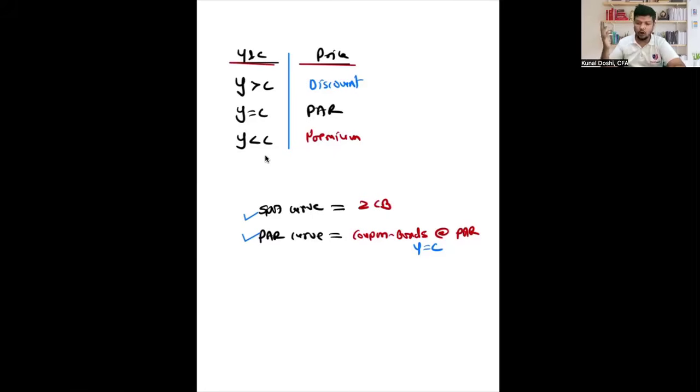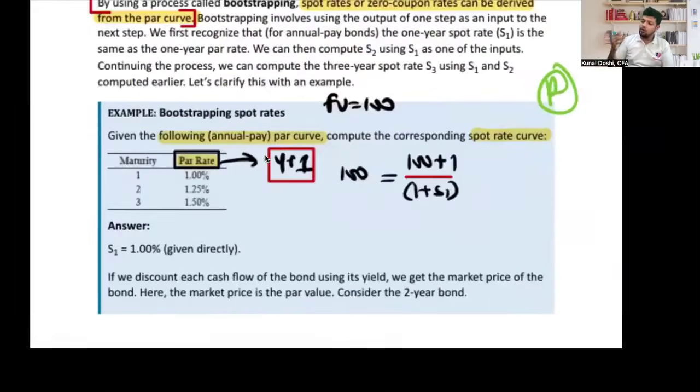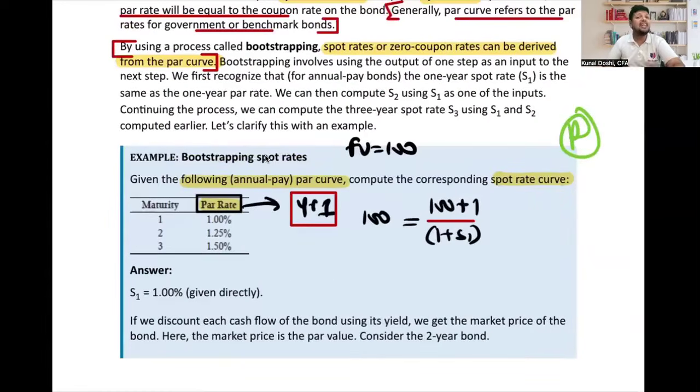do the bootstrapping. So all of this initial time that we spent during the syllabus was reaching the point of how to do the bootstrapping. This is the basic information that we know. A par bond is a bond whose yield and coupon are the same, correct? Now, how do we find the intrinsic value of the bond if they give me the par rates?